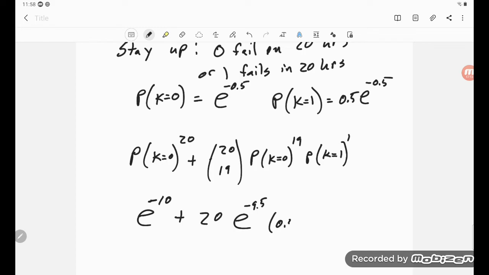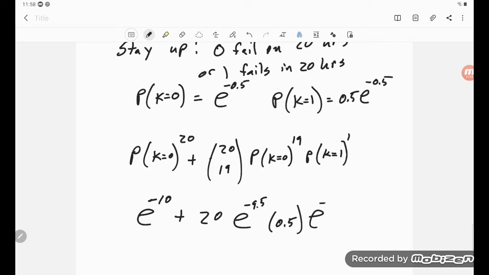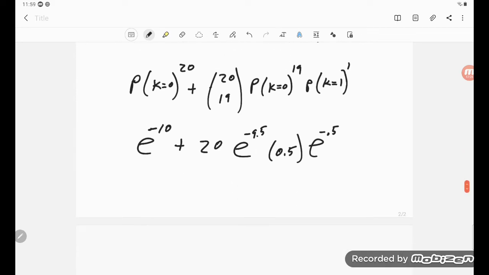So that's 0.5 e to the minus 0.5. And so that equals e to the minus 10 plus 10 e to the minus 10.